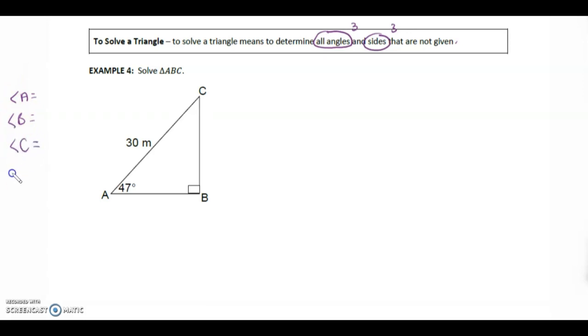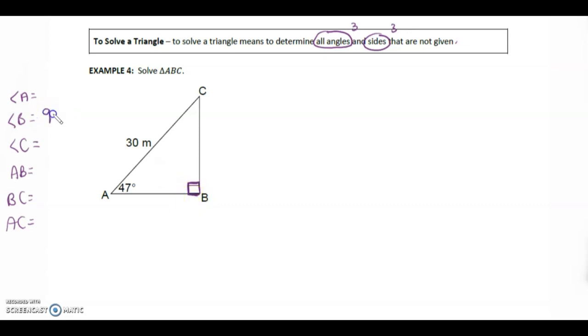And we're going to be looking at sides, let's call this AB, BC, and AC. Okay? When you're given a right angle triangle, you're always going to be given 3 pieces of information. You're going to be given 2 pieces of information plus the right angle.